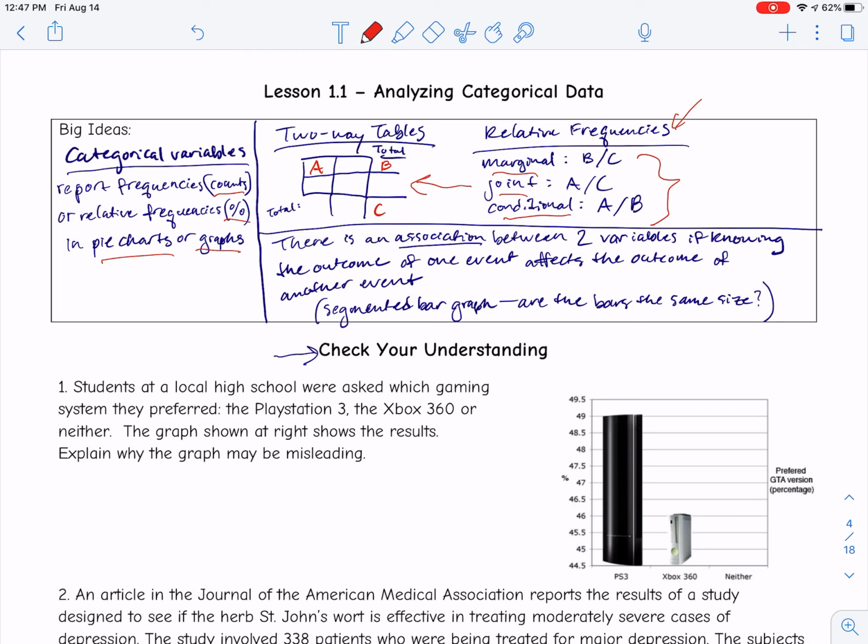And lastly, we touched on association. There is an association between two variables if knowing the outcome of one event affects the outcome of another event. And we talked about looking to the bar graphs for signals of this. We would not see association if, for example, the segmented bar graph showed bars of the same size.